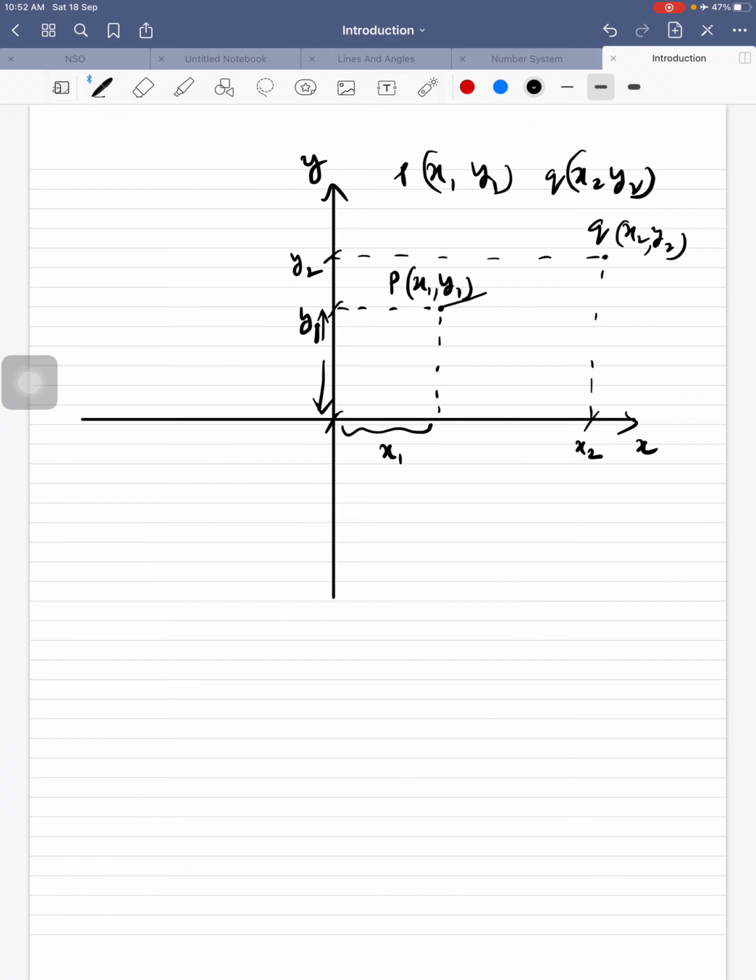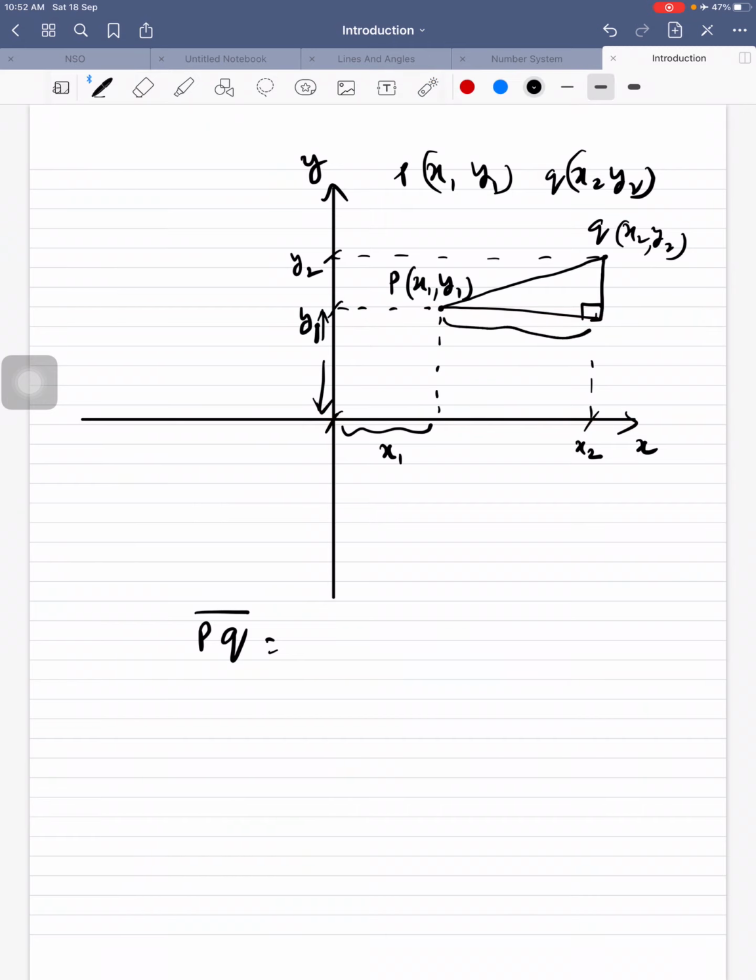See, what is the distance between P and Q, or what is the distance PQ? Now draw a triangle with 90 degrees, which is subtended with the x-axis. That line is parallel to the x-axis.